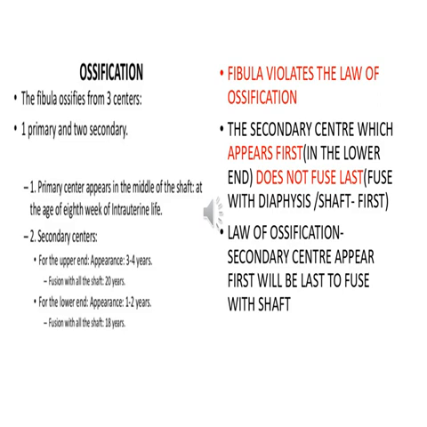Ossification is a term used to describe the process of bone formation by the deposition of calcium in the fetal hyaline cartilage, and the bone usually develops from the mesenchymal tissue of the embryo. There are two centers of ossification for every bone, the primary center of ossification and the secondary center of ossification.